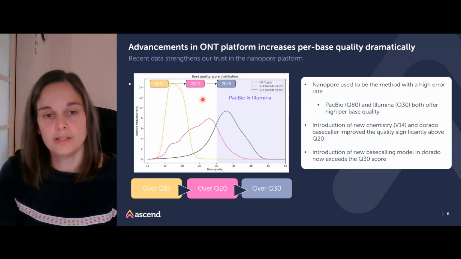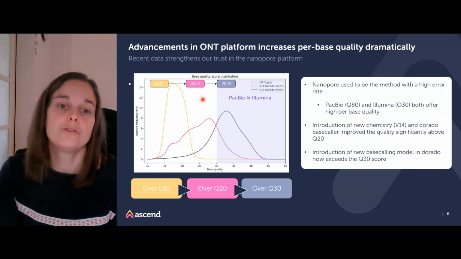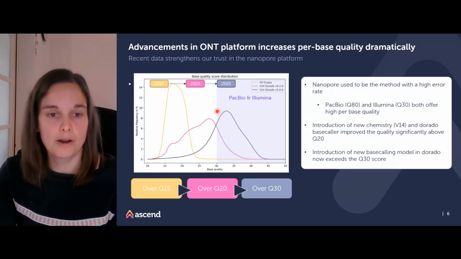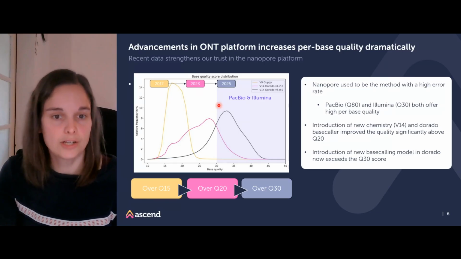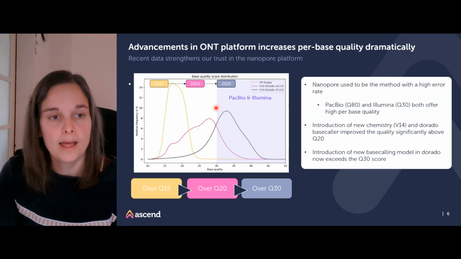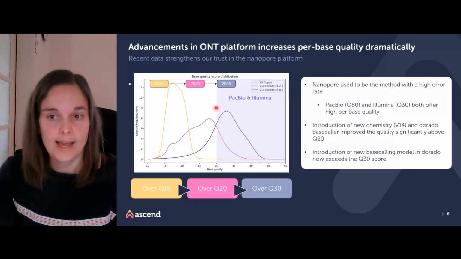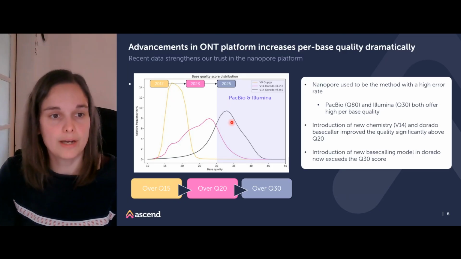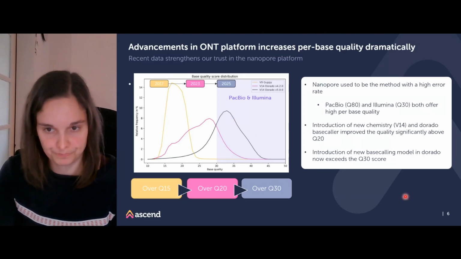In 2023, Oxford Nanopore introduced a new chemistry V14, a new flow cell type, and the Dorado base caller. And all of these changes improved the quality significantly above the Q20 score. As of today, in 2023, the per base quality reaches comparable levels to the other two methods, showing the great potential of this method. So by just introducing a new base calling model, we can now exceed the Q30 score.